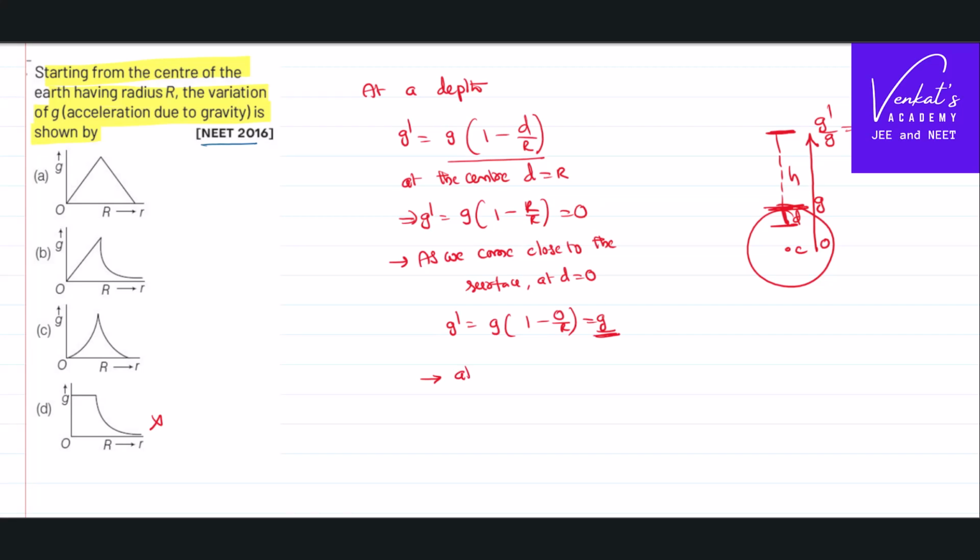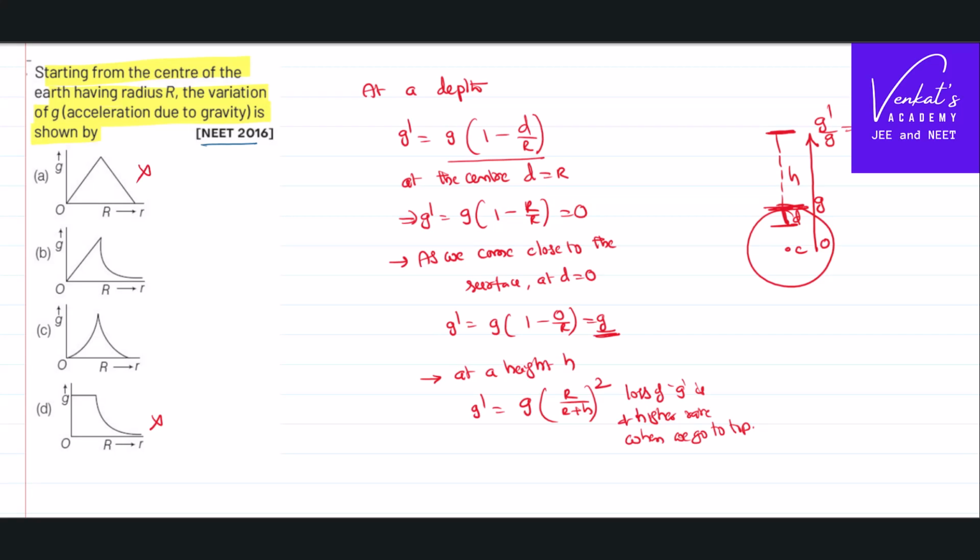So at a height h, g dash equals g of r by r plus h whole square. Loss of g is at a higher rate when we go to the top compared with the depth. Therefore, the fall has to happen quickly.